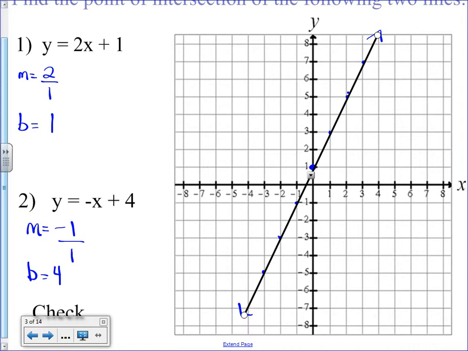What's my y-intercept? Yes. So I start at 4, and I would go, what's the pattern? Down 1 over 1, down 1 over 1.